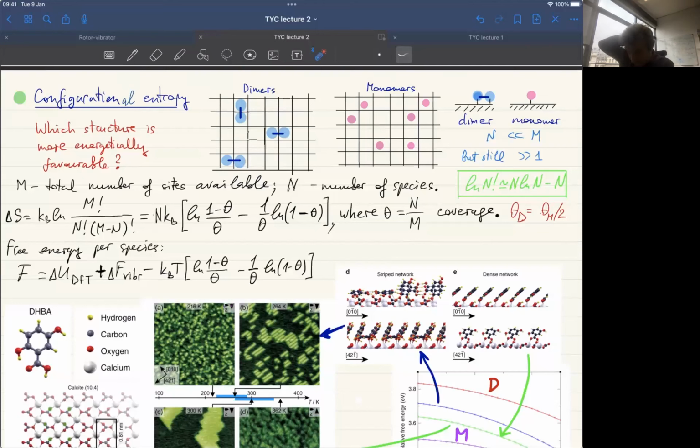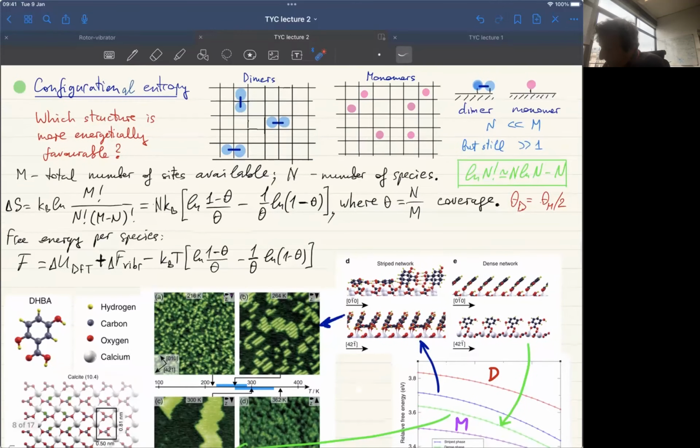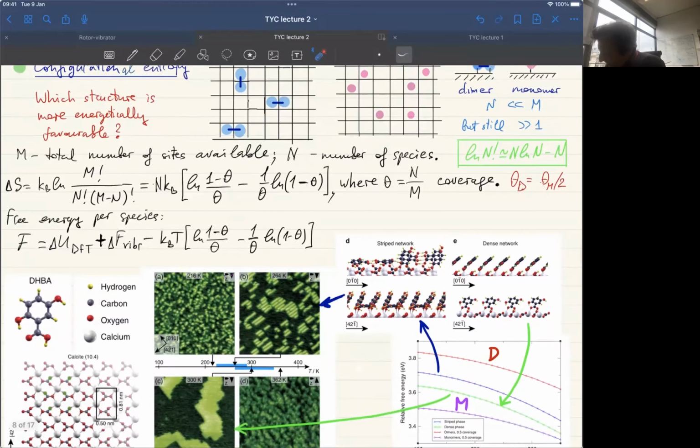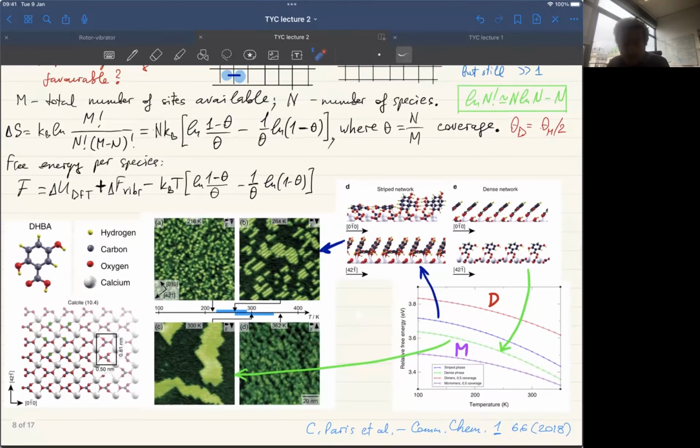So here, I have one study which we did some years ago on certain molecules which are shown here on the calcite surface. So these molecules, when deposited on a calcite surface, I won't be going through the whole story. This would take a bit of time. If somebody is interested, there is a reference here at the bottom.